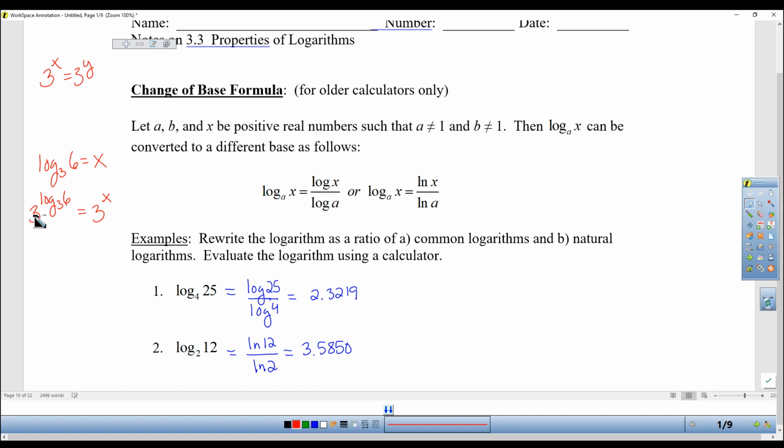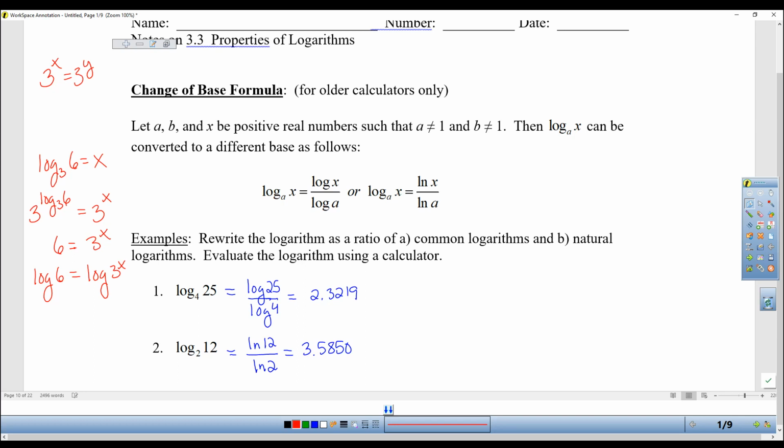Do you remember that from last class? If you have a base 3 and a base 3, it cancels. So I get 6 is equal to 3 to the x. And then I'm going to do a weird thing. I'm going to take the log base 10 of both sides, log base 10 of 3 to the x.